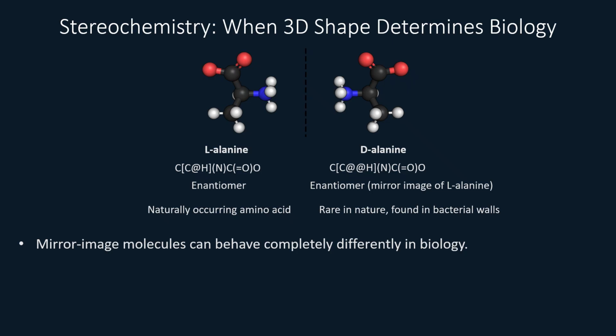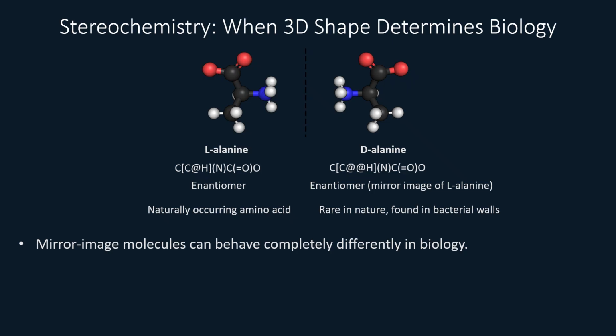Here is a simple example. L-alanine is the form used in human proteins, for example, whereas D-alanine is its mirror image and plays a specific role in bacterial cell walls.